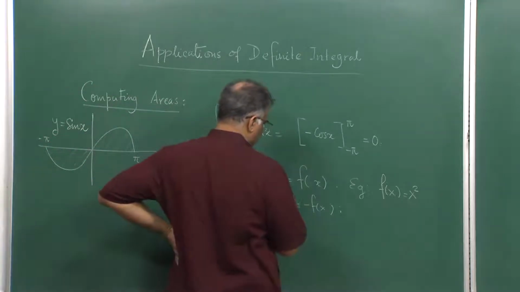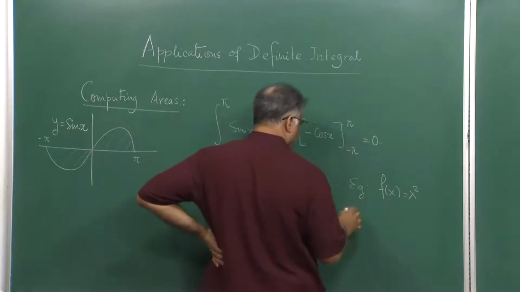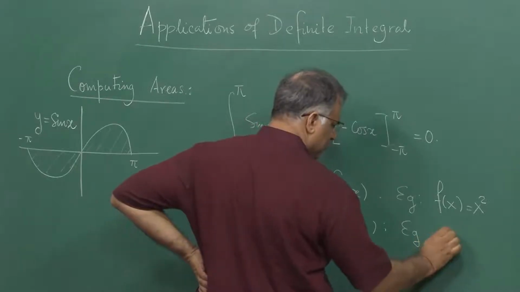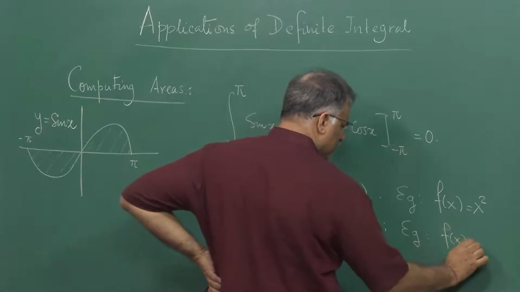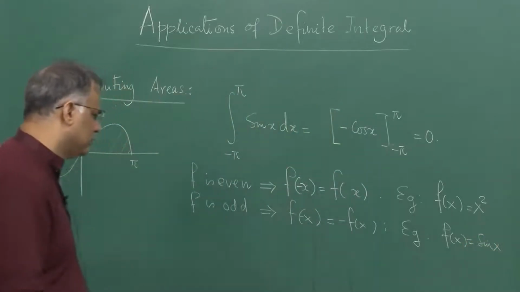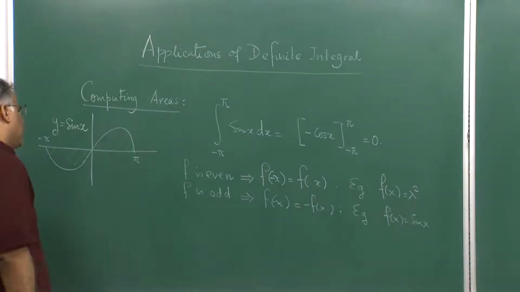When you put minus x instead of x, it will be minus x cube. Another example is sin x. Cos x is an even function, sin x is an odd function.